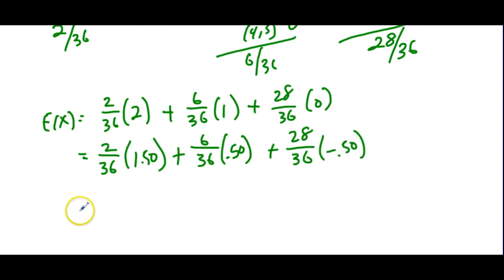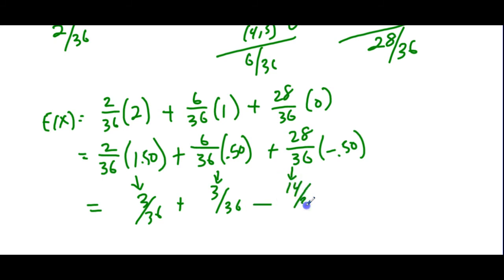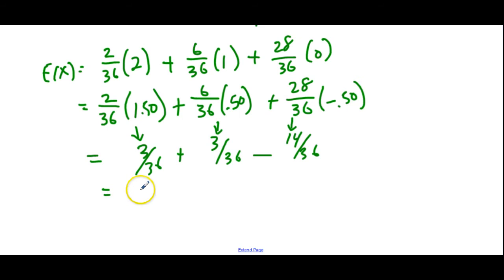So let's simplify this. This becomes 3 over 36, plus this becomes 3 over 36, and then minus 14 over 36. If we simplify this further, we get negative 8 out of 36, which equals negative 0.22.